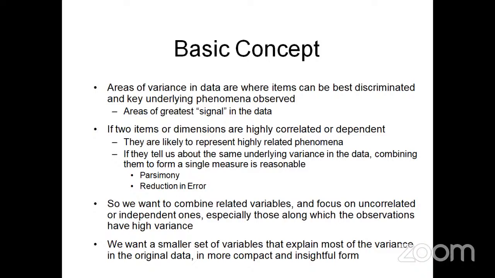Okay, so what exactly is it? Areas of variance in data are where items can be best discriminated and are kept, underlying phenomena that are observed. That is, areas of greatest signal in the data. This is the whole motto for your principal component analysis.